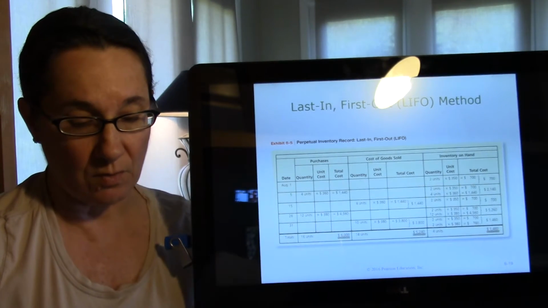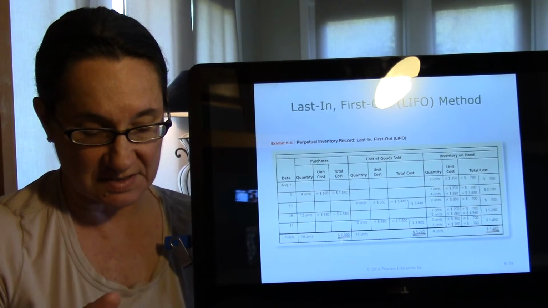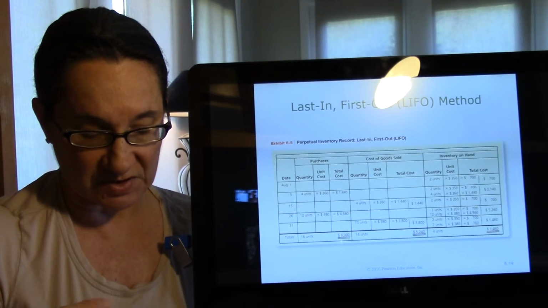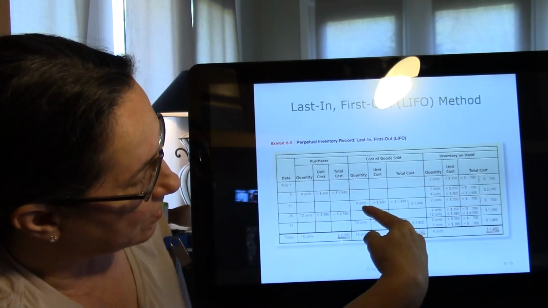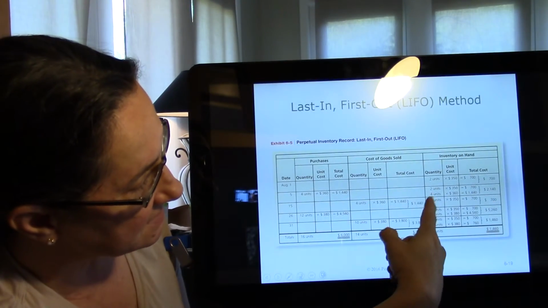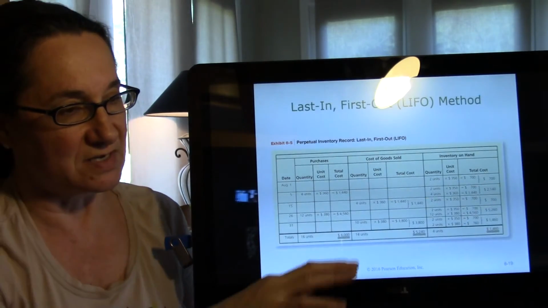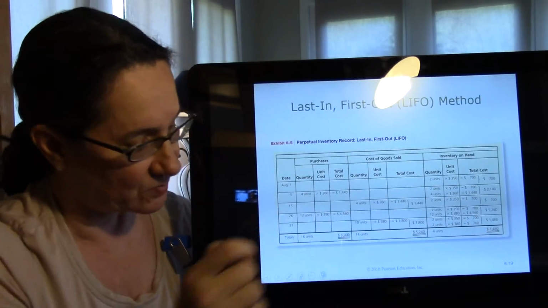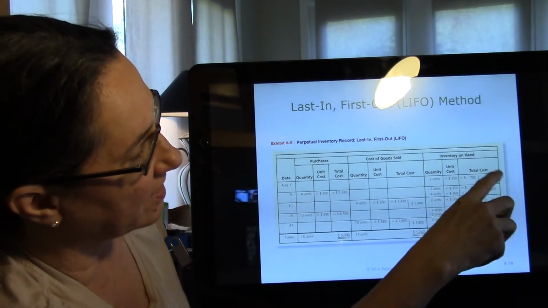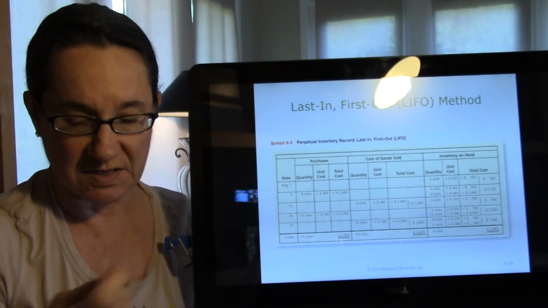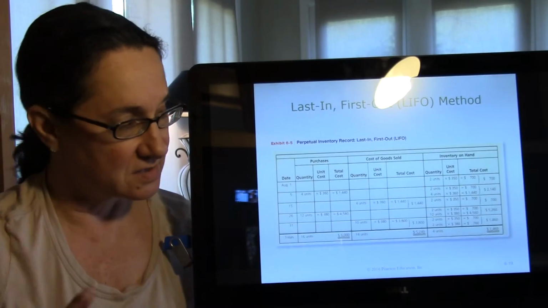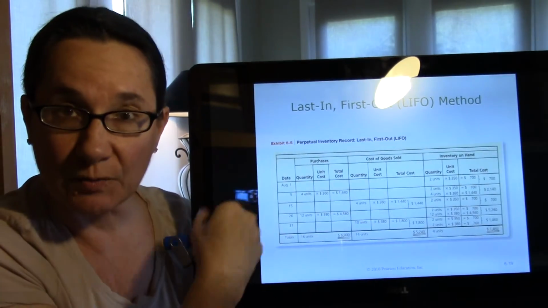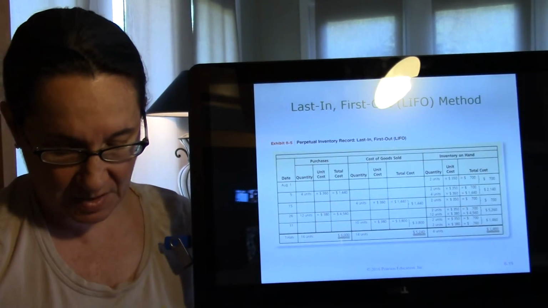Under LIFO, we assign all 4 units from the August 5 purchase along with their cost to the sale. So when we sold those 4, we sold the 4 we bought at $3.60, right? Which means our cost of goods sold is 4 times $3.60, and our inventory remains 2 times $3.50, or $700. Right? So we're doing it the opposite of the way we did it under FIFO.